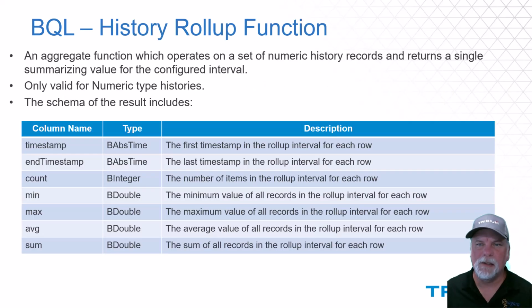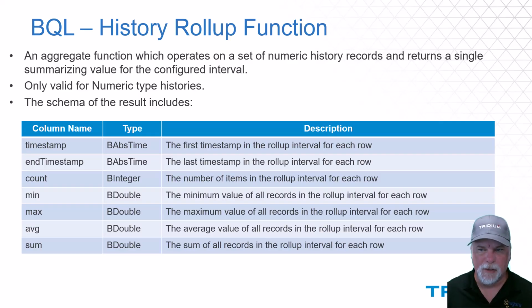Along the same lines as these aggregate functions, there is a history rollup function which aggregates history records, numeric history records, into less granular results. So it could take 96 records from a day and return a single summarizing value for the daily interval. This is obviously only valid for numeric type histories, and the results of the history rollup function have a schema that includes two BAbsTime values.